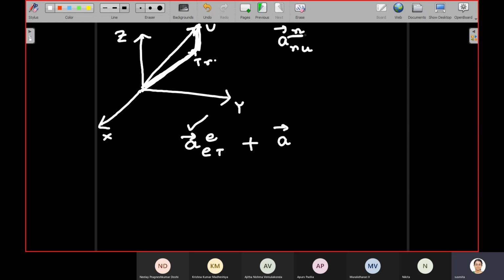But this one we have resolved in the NED frame. So how will we add that vector to the transmitter position vector? What should we do? In what resolving frame should we have that vector A?